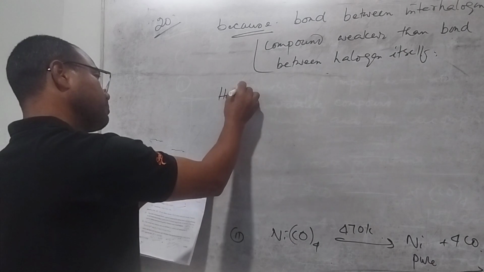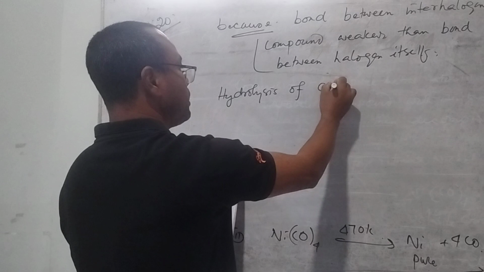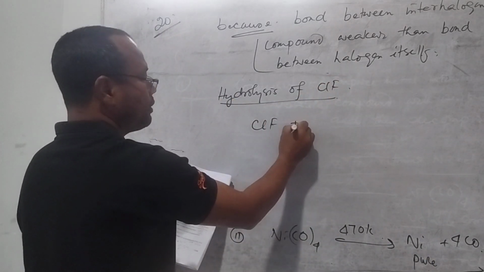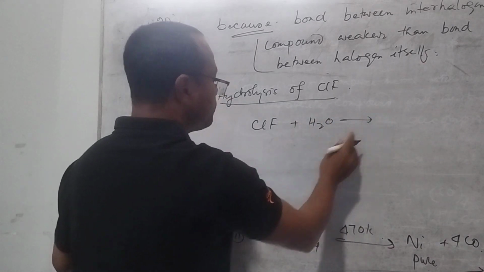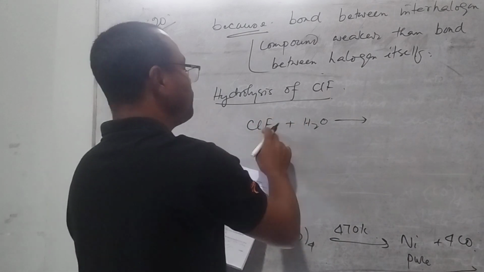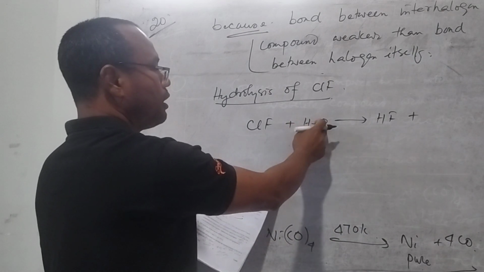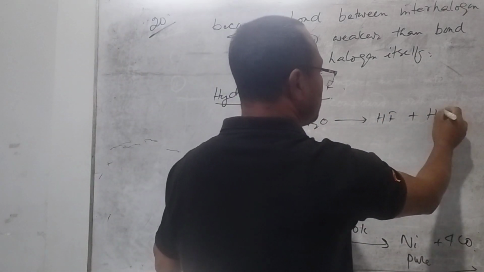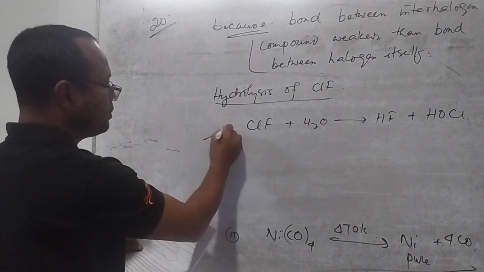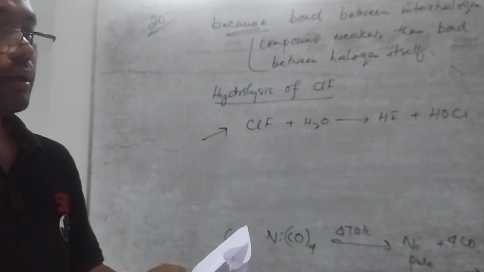So what will be the product of the hydrolysis of ClF with water? Hydrogen combines with F to form HF, then the remaining H and one oxygen give a compound like this, the hypohalite. So this is the product. It is given very clearly in your textbook.